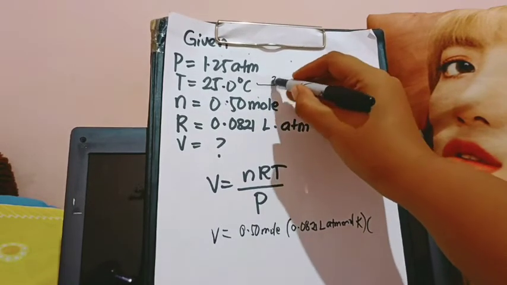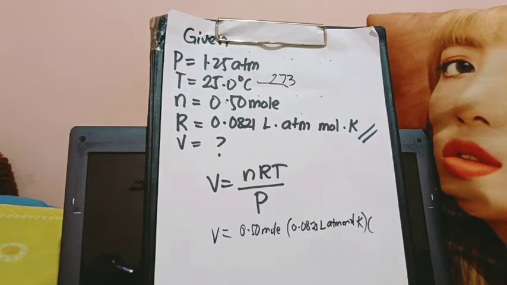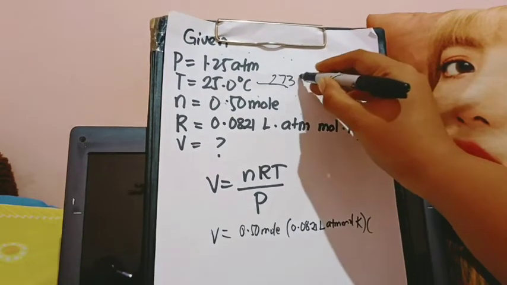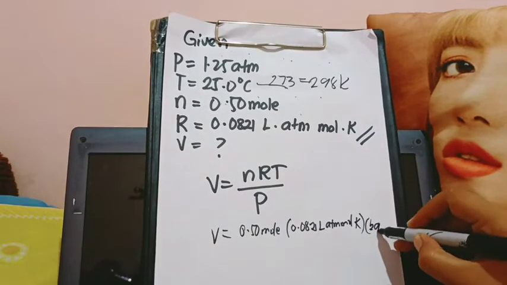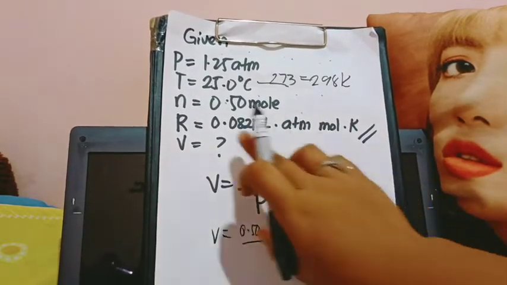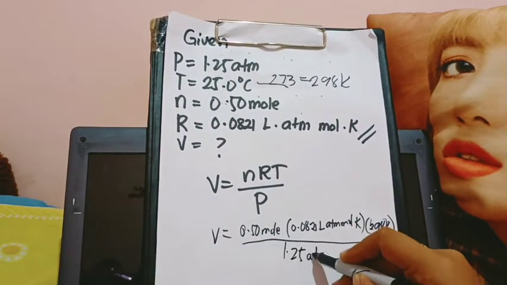Add 273. So 25 plus 273 is 298 Kelvin. Then divided by our P, which is 1.25 atm.